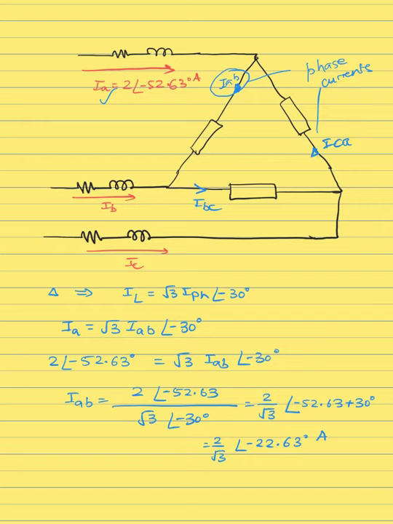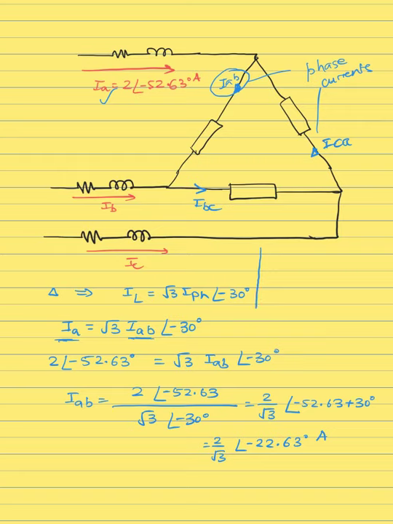Same thing for calculating the other two phase currents. You can write the same relationship: it's IB in here, it's IBC, and IC in here, ICA. Or you can also apply the ABC phase sequence information as well.